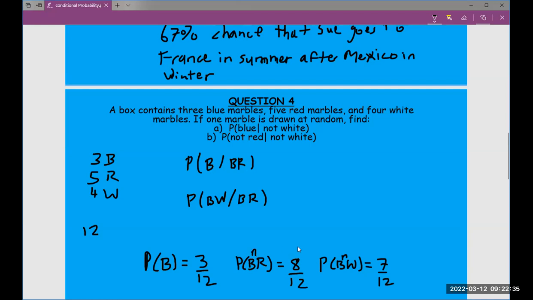I just want them to know though that BW would mean blue times white. So I want them to see that you're saying it's just not white, so it can be blue or it can be white. So for "or" I would use intersection. Or use union, sorry, use union.